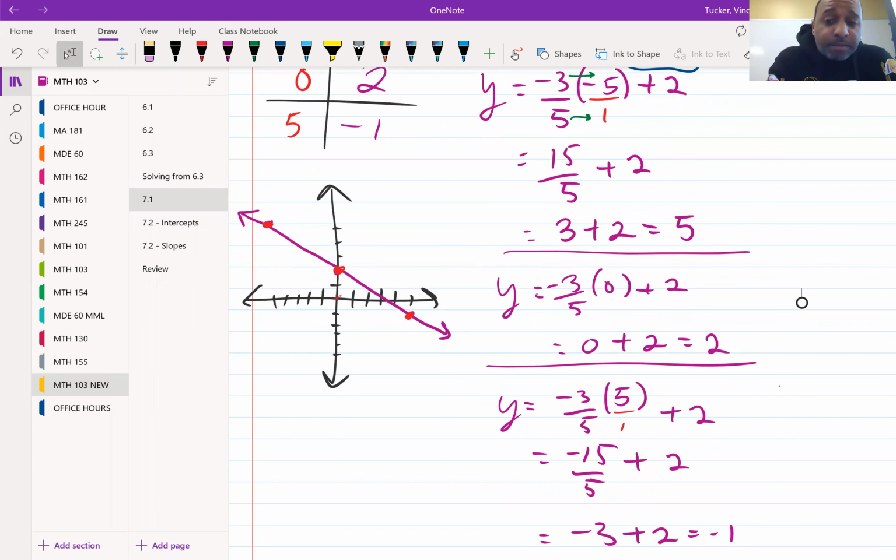So -3/5 times 5 will give you -15 over 5. -15 over 5 is -3, and -3 plus 2 is -1. So when you plug in positive 5, you get out -1. All right. So before we go to the graph, make sure we're good with our calculations.